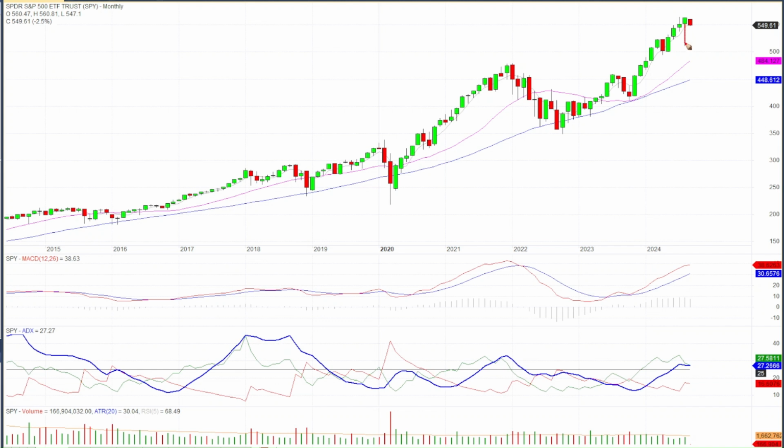We have a big tail here. We're going to need to take out the high of these two bars to really show true continuation of this tail, right? I mean, this tail could be a sign that sellers stepped in and then we rallied back up. If we break the midpoint of this bar that has the tail on it, then I think you've got to start thinking that we're going to come back down to support.